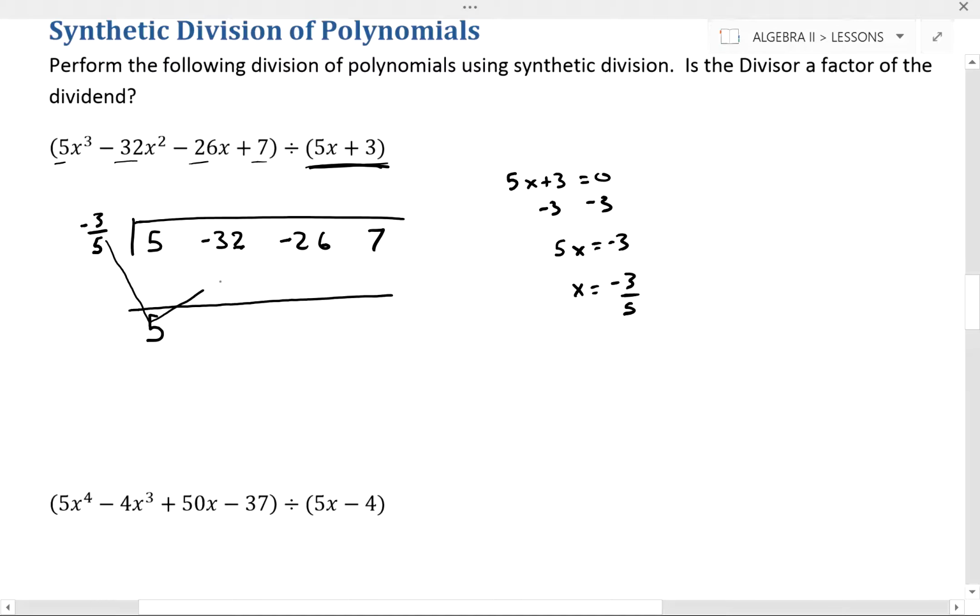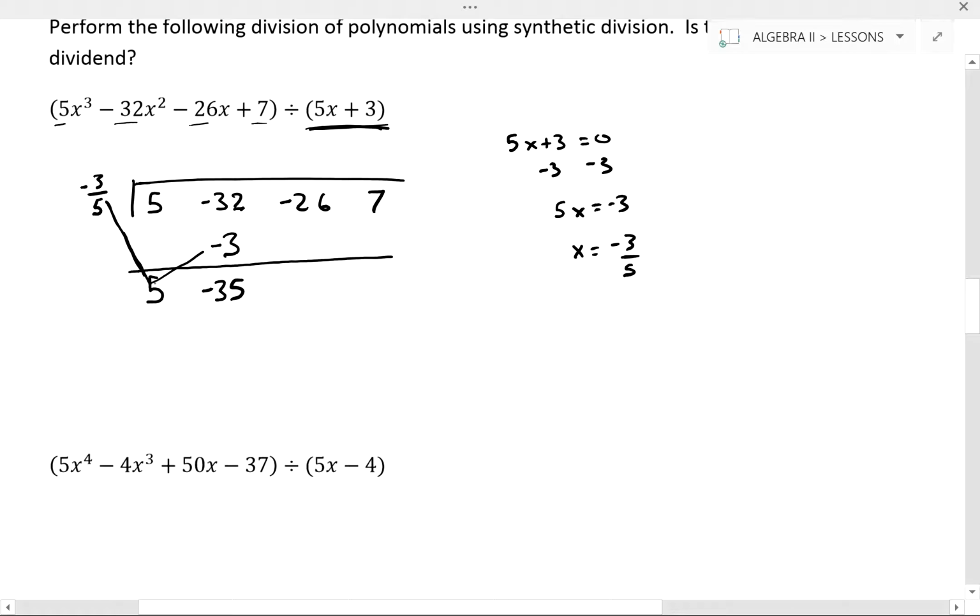That's what's going to go up here in the next column over. I'm then going to add negative 32 and negative 3 to get negative 35. So that's one cycle: the multiplication of the negative 3 fifths times 5 gives me negative 3, and then the addition.